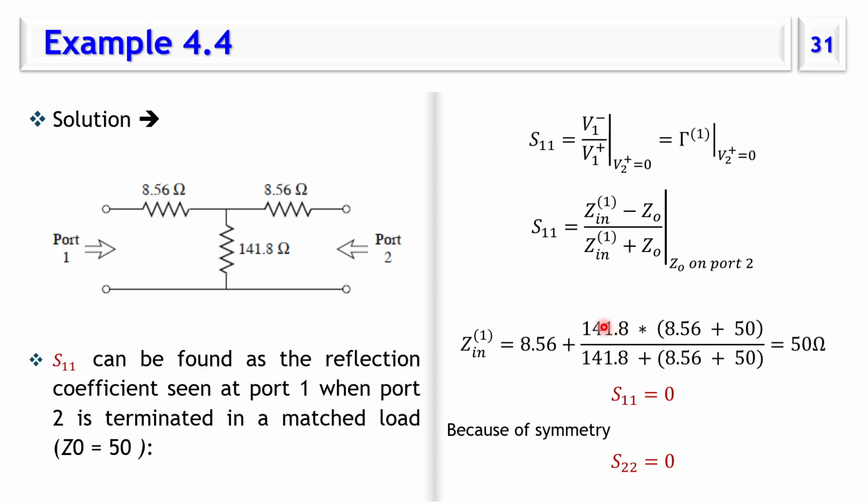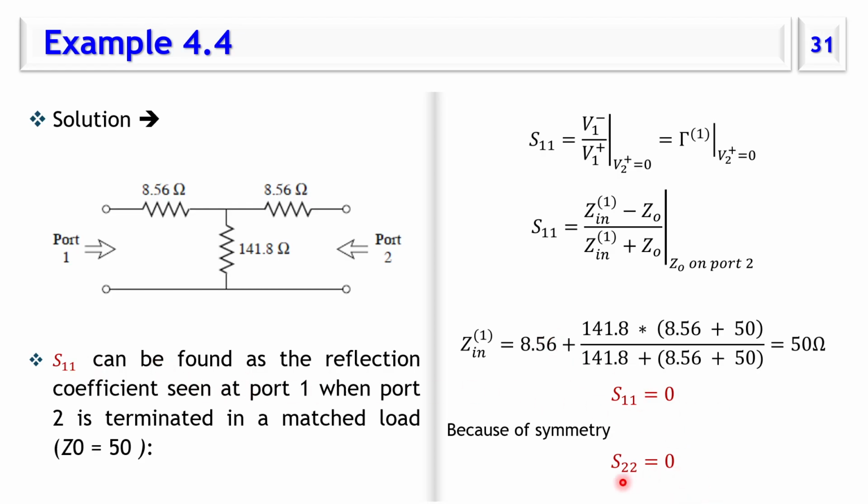So let us say this is RC, so it's RC multiplied by 58.56, divided by the sum, and in this case we find that Zin equals 50 ohm. So applying here, S11 will equal 0 because of this symmetry. Also S22 equals 0. So these are the first two parameters, S11 and S22.